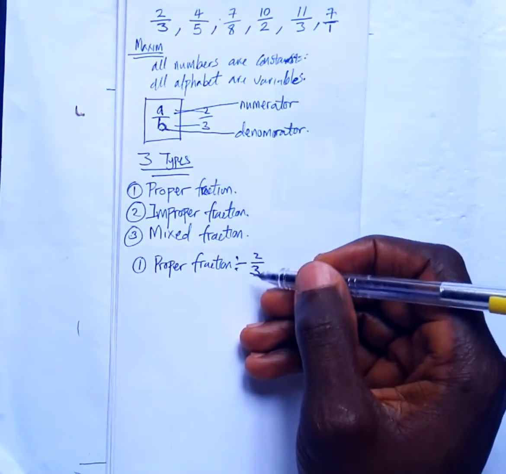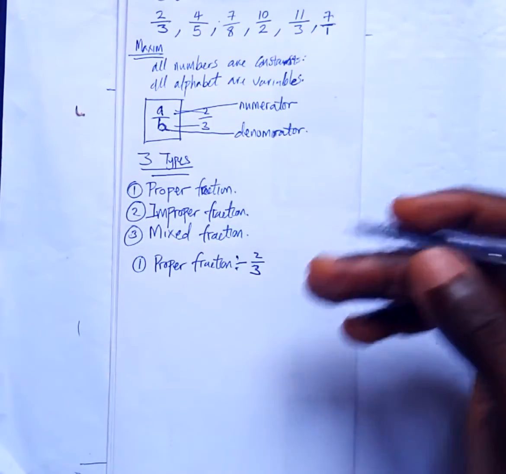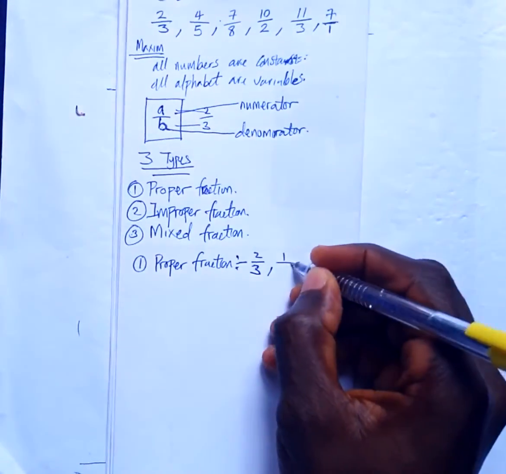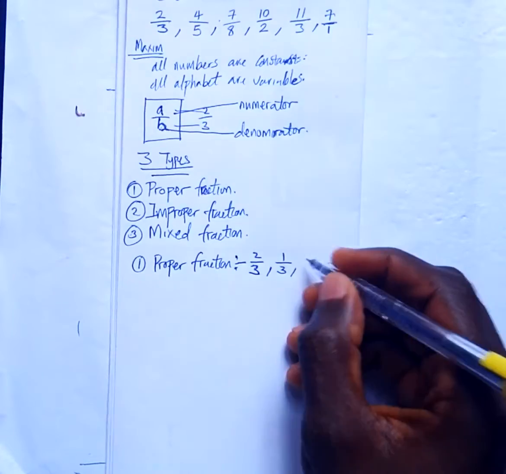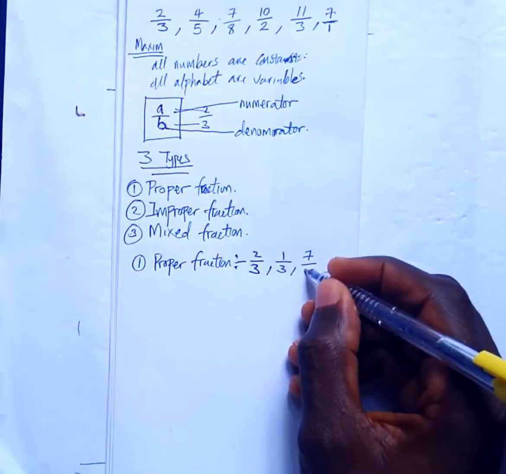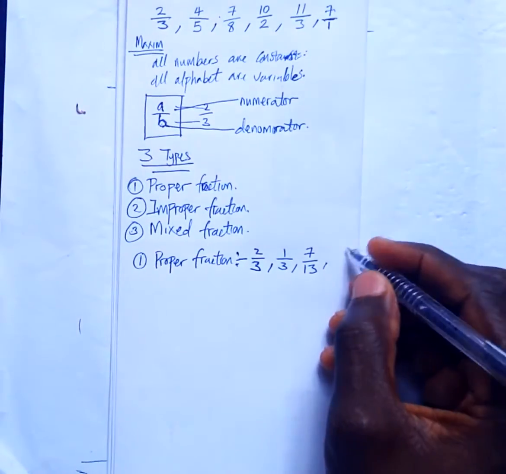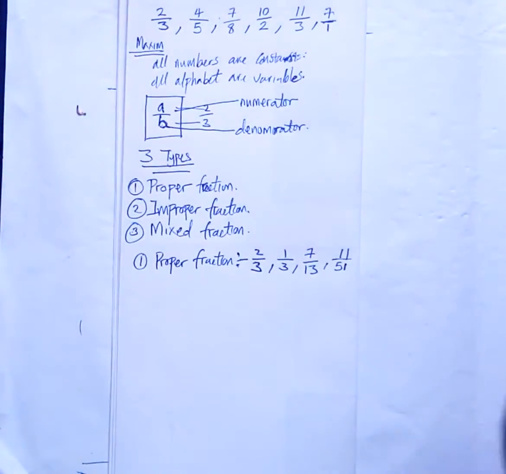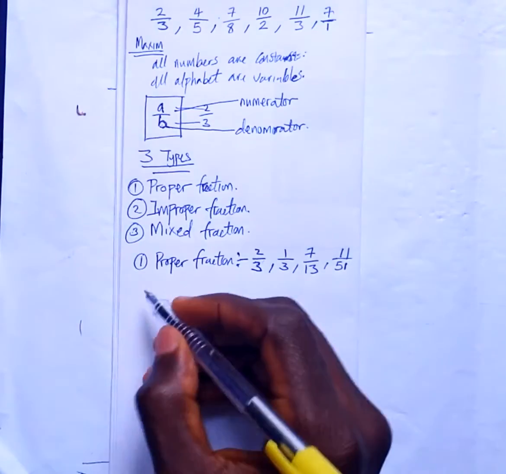So this is what we call a proper fraction. The small one must be up, the bigger one must be down. So we have 1/3. This is also a proper fraction. 7/13. This is a proper fraction. 11/51. This is a proper fraction. Hope that is clear. A proper fraction is when you have a smaller number up and a bigger number down.